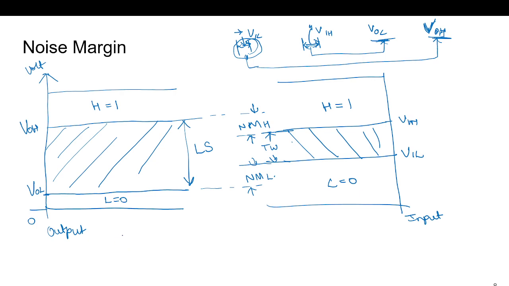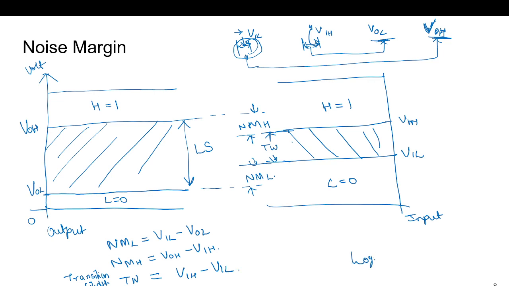So we have NML, noise margin low, which is VIL minus VOL, and noise margin high, which is VOH minus VIH. The transition width TW is VIH minus VIL, and this logic width is VOH minus VOL.